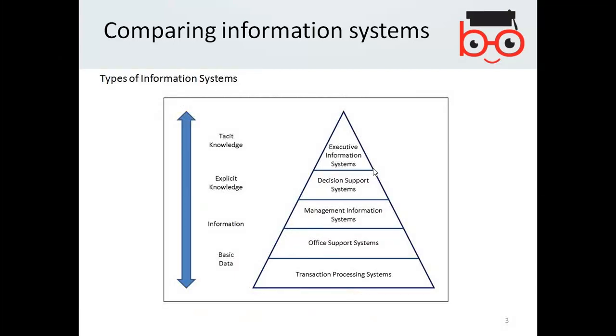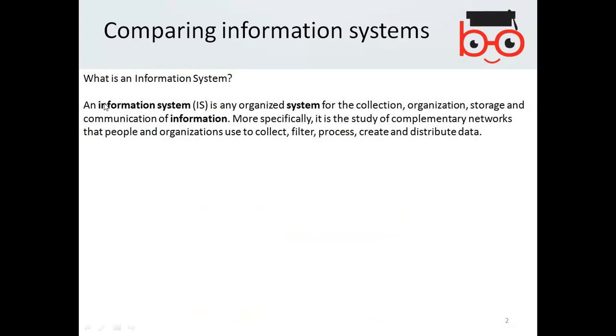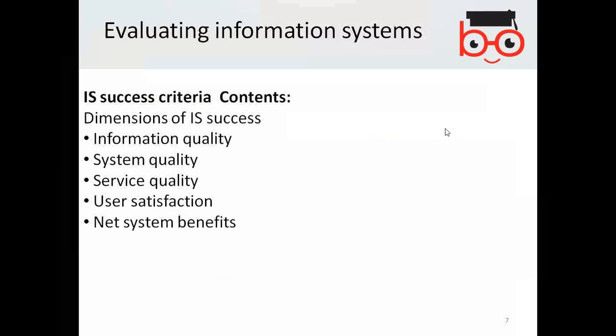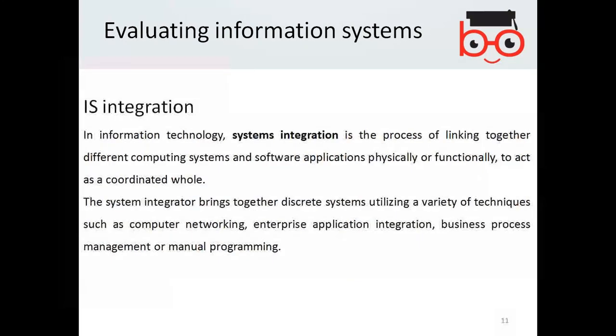The type of system you are dealing with should be very clear so that you can produce it. The overall information system that would be made is a system for the collection, organization, storage and communication of information.